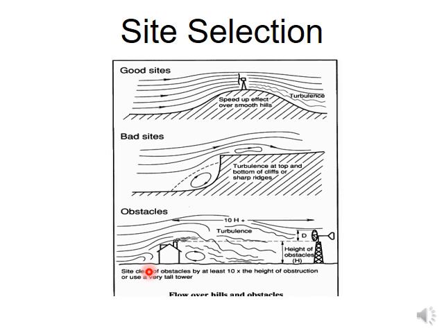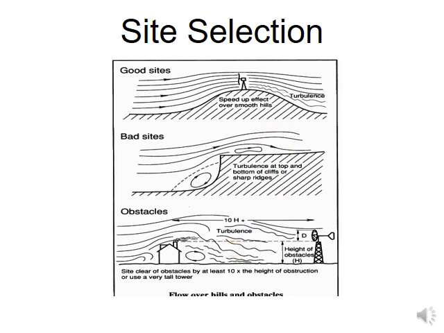If some fluctuation or turbulence is there in the air, that will ultimately affect the performance and reliability of the system, because turbulence creates vibrations, and that will ultimately harm your wind turbine.